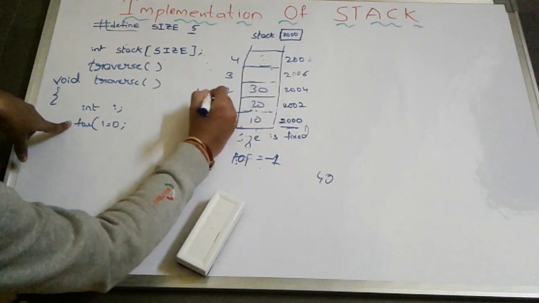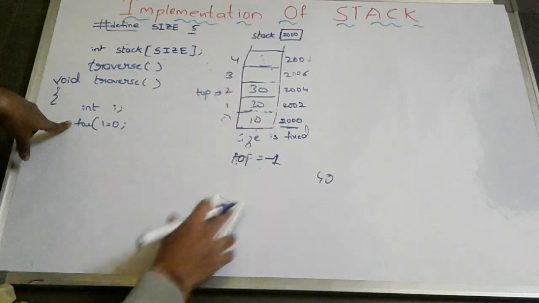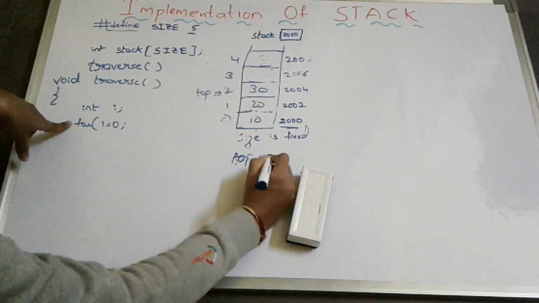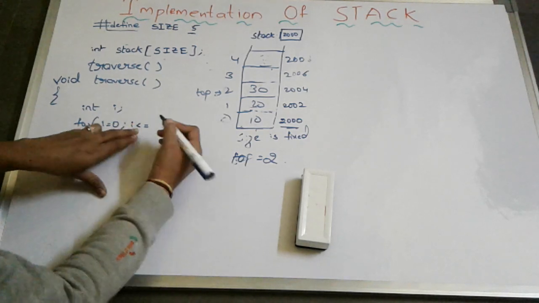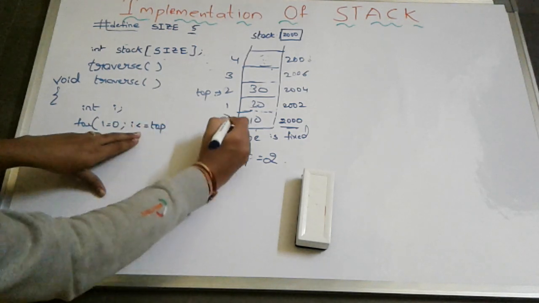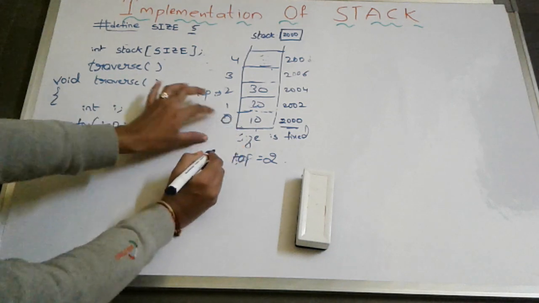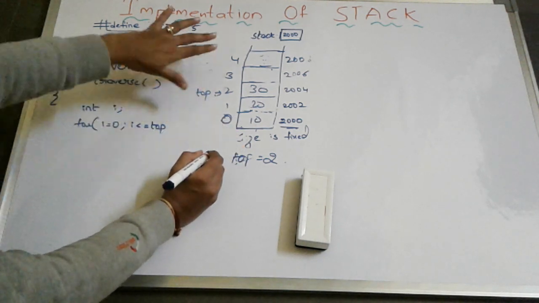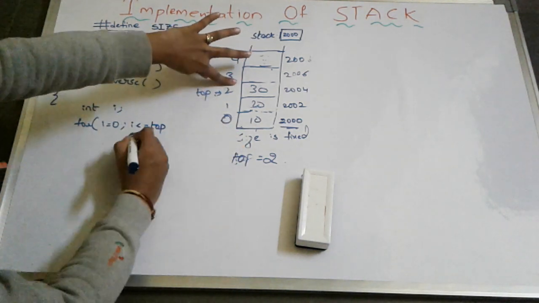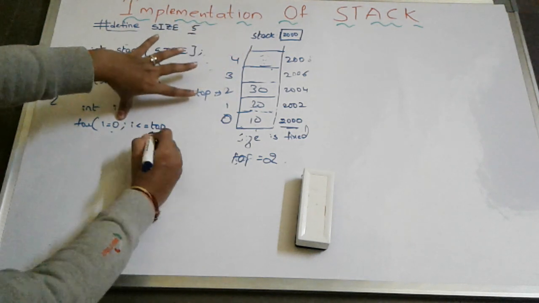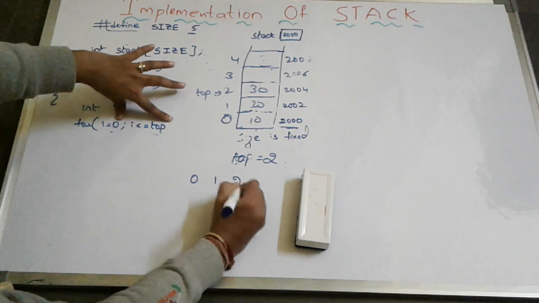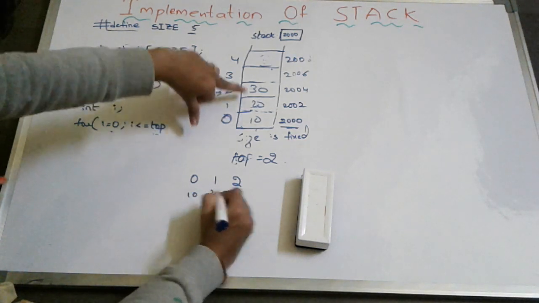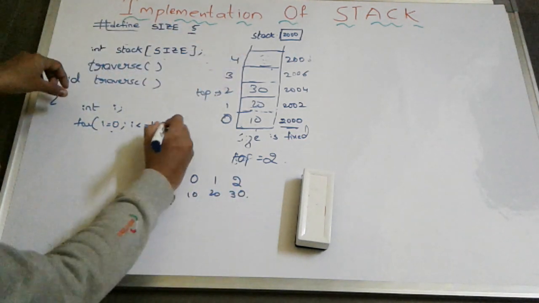Let this be top, and top points to 2. Now for i equal to 0, i less than or equal to top, because we should print all the elements from 0 up to top, that is 2. That means we have to print 0, 1 and 2, that is 10, 20 and 30.